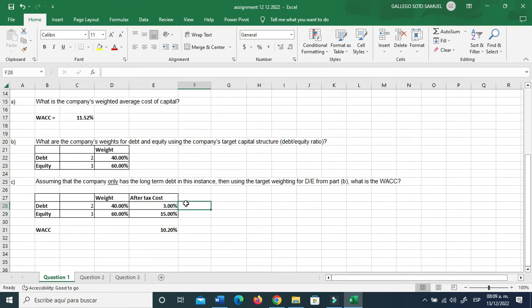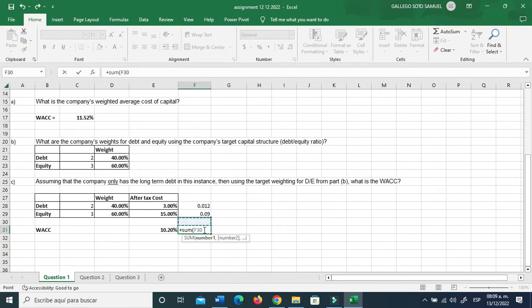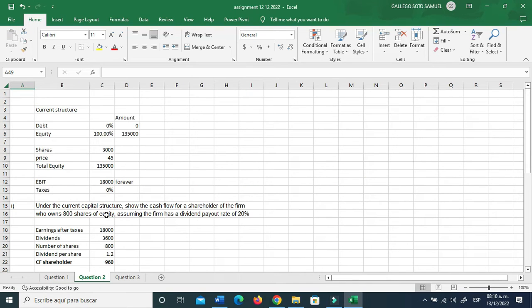Then you take the sum product of this, so this times this, and then this times this. You add this up and you get the same result. I'll just show you real quick again so you can check one against the other. You see, that's the same. So that's all for question 1.